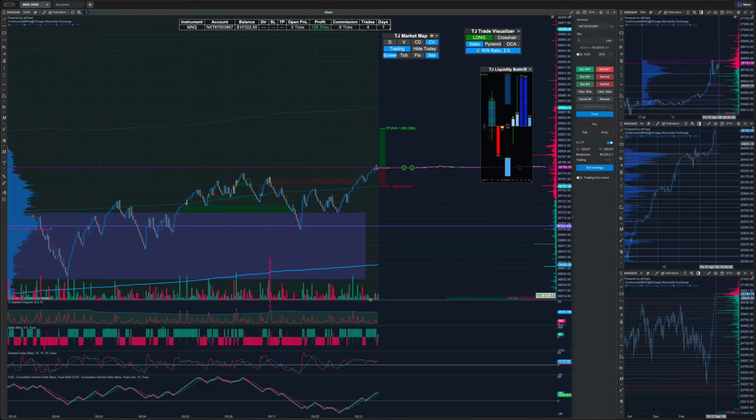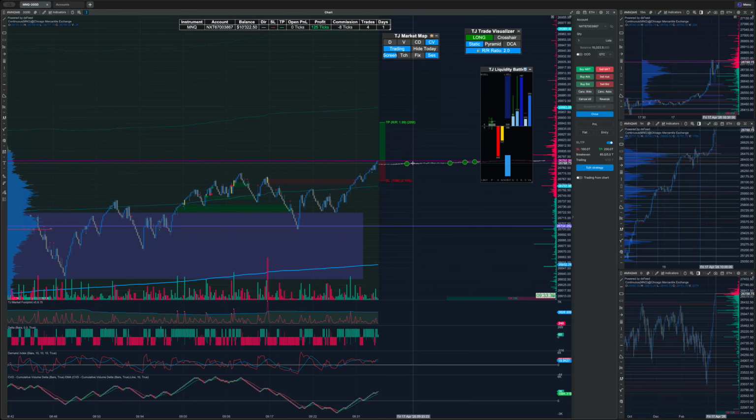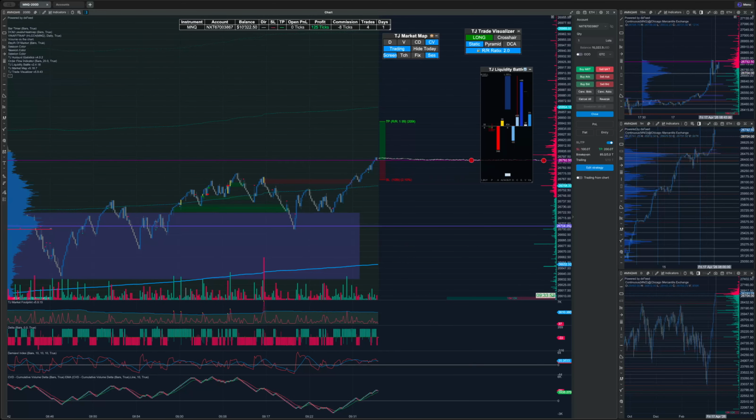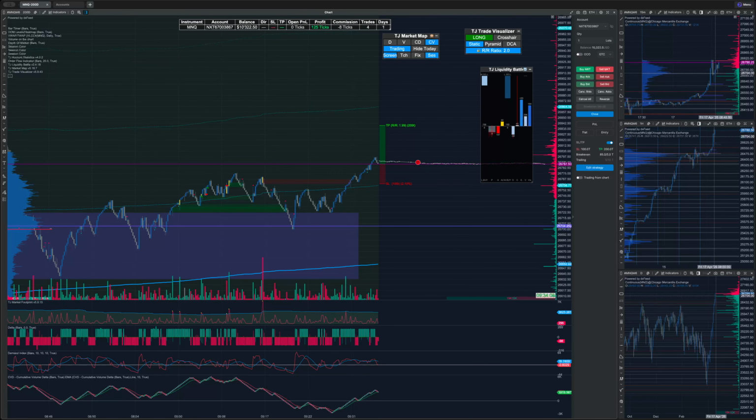Something was happening here, but it's not sure now if the market goes further up. Now, not that decisive move.